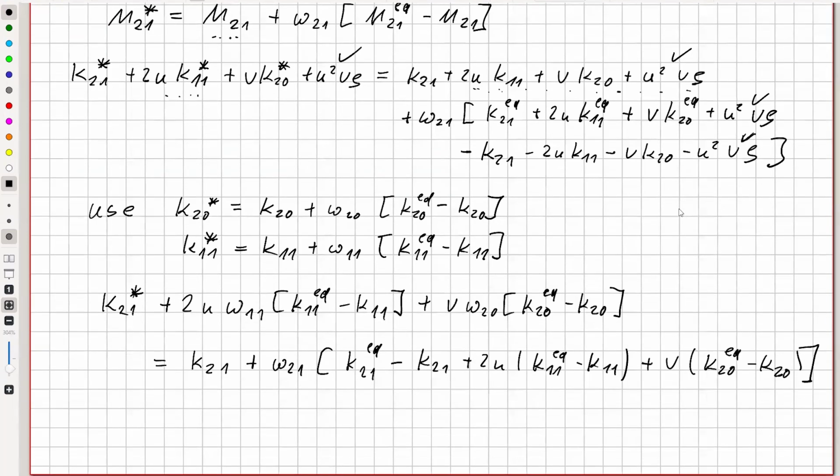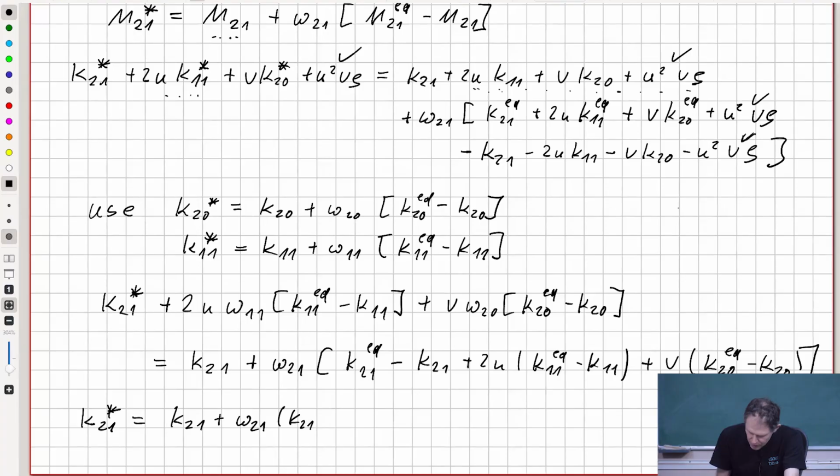And now we can rewrite this a little bit more. K12 after collision is K12 plus omega 12 times K21 equilibrium minus K21. Why can't I just say what I'm writing? Usually my writing is better than my speaking. But you've learned this already, I guess.